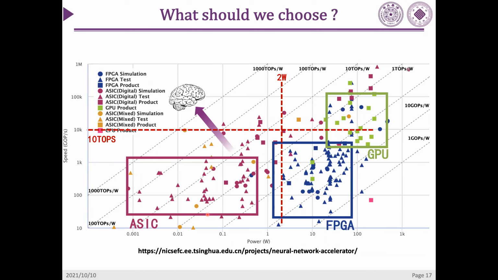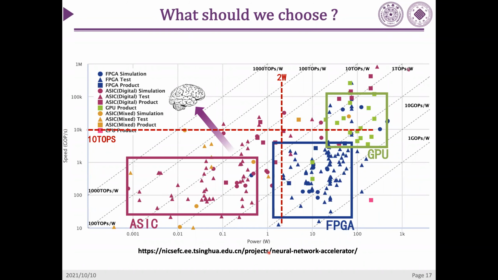So from about 2016, we tried to draw this figure. We can see we have the y-axis as the speed, GOPS, giga operations per second. That is how many operations you can do in 1 second. So higher is better.